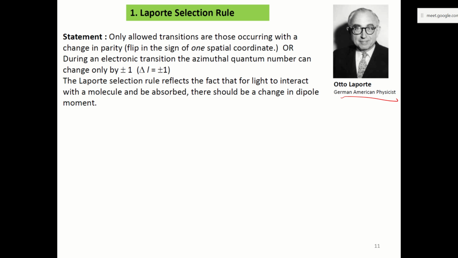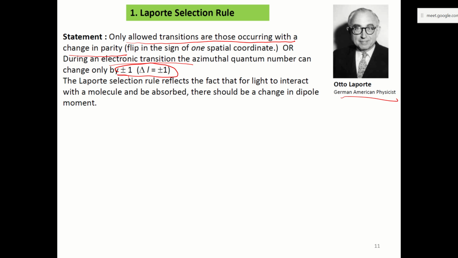Which says that only allowed transitions are those occurring with a change in parity, or there must be a change in delta L. We have seen how it will happen. We have seen that to conserve the angular momentum of the photon, delta L must change by plus minus 1 unit. We have also seen that no dipole will be generated if 1s goes to 2s.